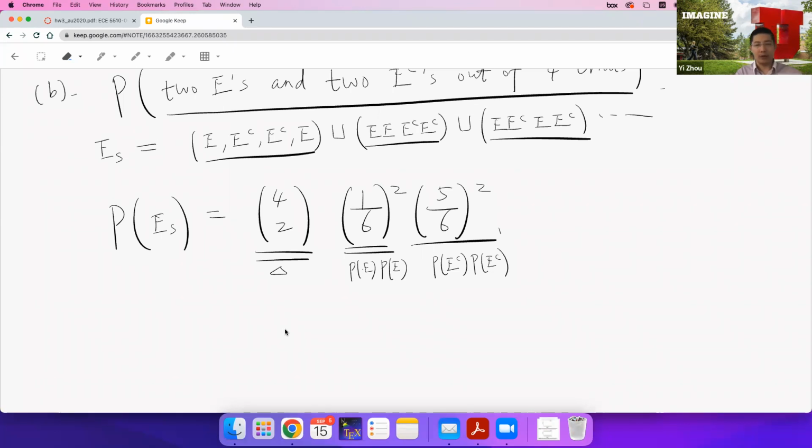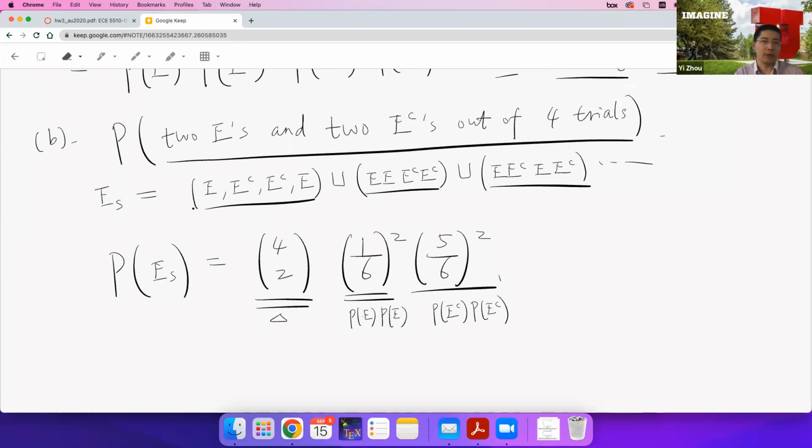In the homework and the exam, you will need to use these rules to compute the number of cases of interest. For example, in this case, how many cases do we have to see 2 E's and 2 E complements in these 4 trials? This is a combinatorial problem.